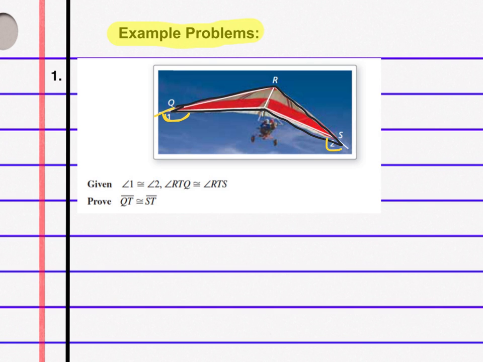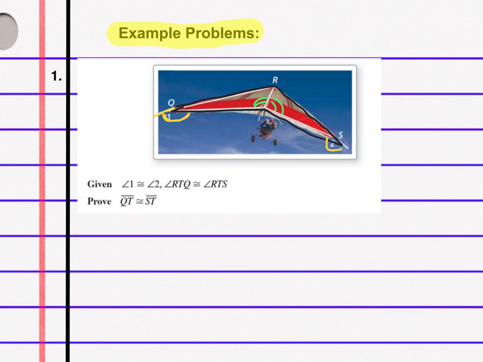And angle RTQ is congruent to RTS. So that's what we know. Prove that QT, line segment QT, is congruent to line segment ST.